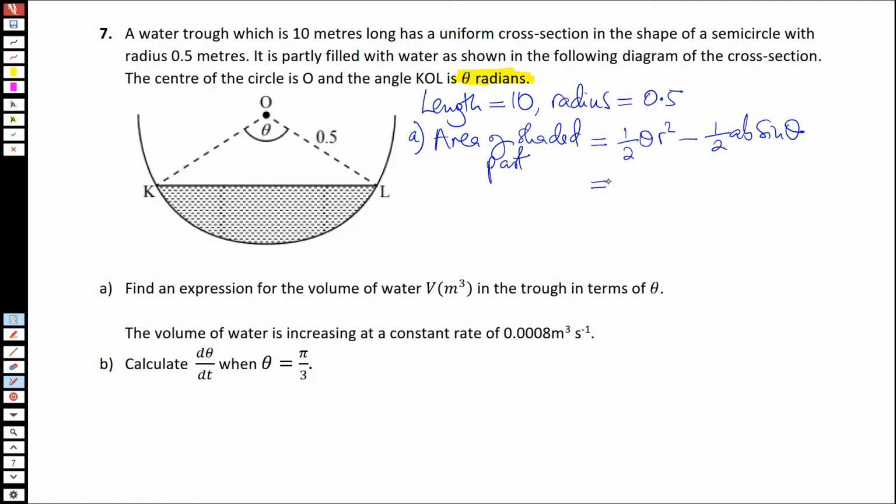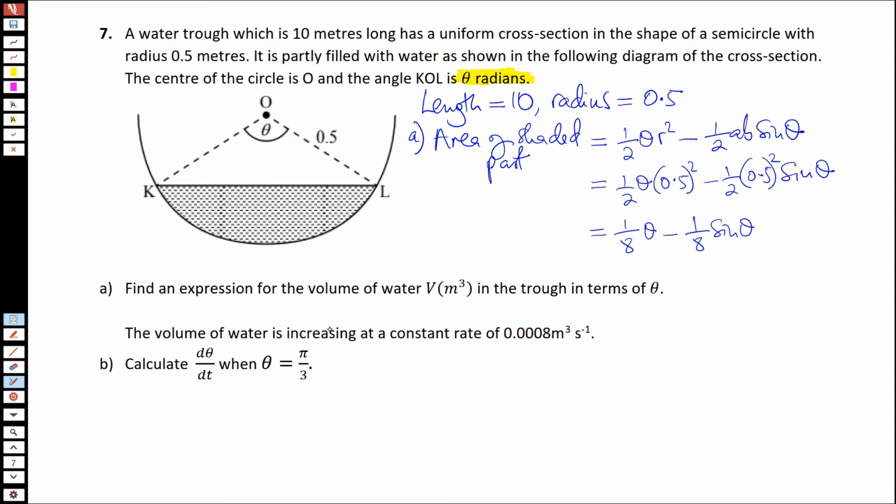So if you plug in the radius is 0.5 and AB is 0.5, that will be a half multiplied by theta multiplied by 0.5 squared minus a half multiplied by 0.5 squared multiplied by sine theta. So that is the same as 1 over 8 theta minus 1 over 8 sine theta. And that's just the area of the shaded part.